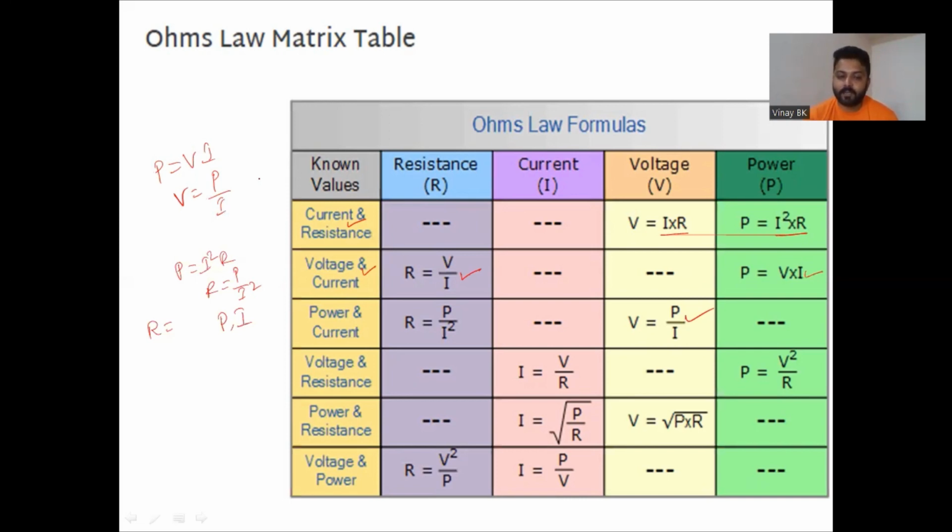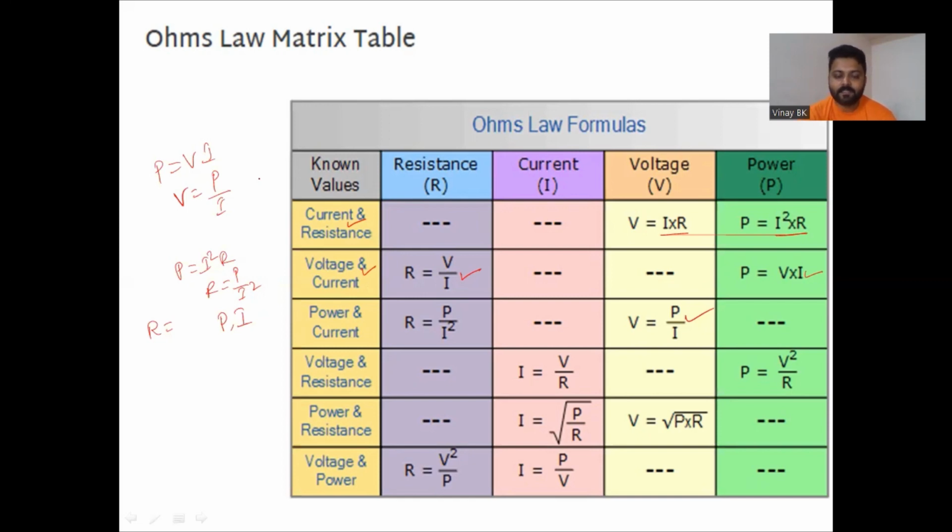If you know power and resistance, you can calculate current and voltage. If you know voltage and power, you can calculate resistance and current. So you should know this matrix table while solving problems: what parameters are given and what parameter you have to find in a numerical.